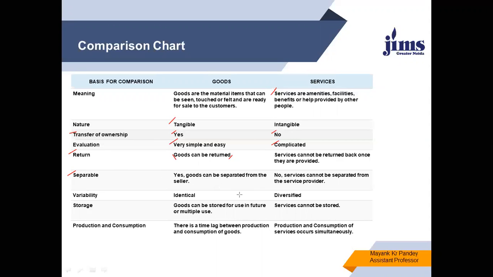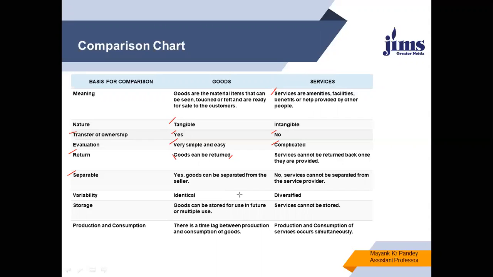So separation takes place at multiple stages in the case of goods, while in the case of services, which are perishable in nature, production and consumption of any service take place simultaneously. So it cannot be separated from production.